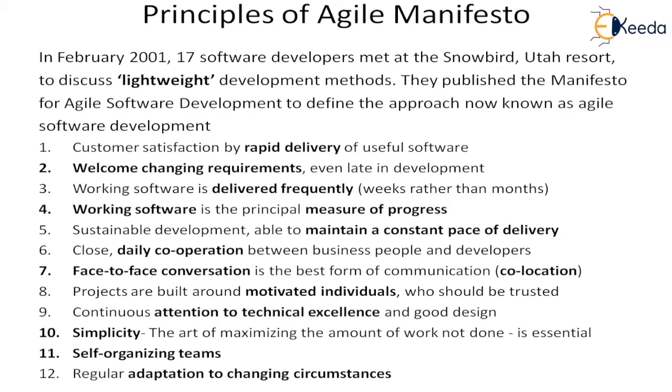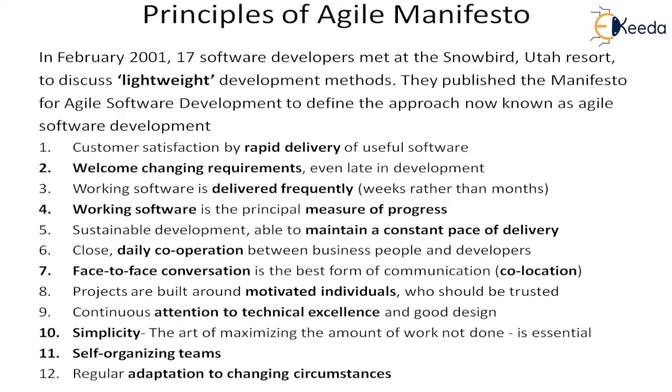Sustainable development, able to maintain a constant pace of delivery. So when we talk of sustainability here, we are talking of sustainability of the development, not the sustainability of the product. Earlier we talked of the sustainability of the software product, which means how well it will be maintained after it is released.